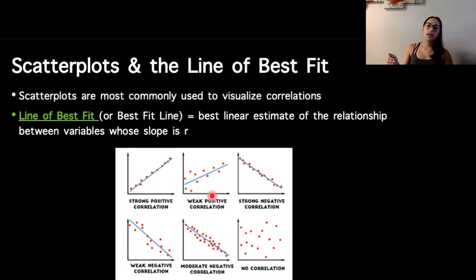We'll talk about this a little bit more next week, but the way that the trend line is placed in the graph is to minimize the amount of error that exists between each point and the line of best fit. So usually the software that we have is able to do this for us, but you can see that the line should relatively be going through the center of the data.